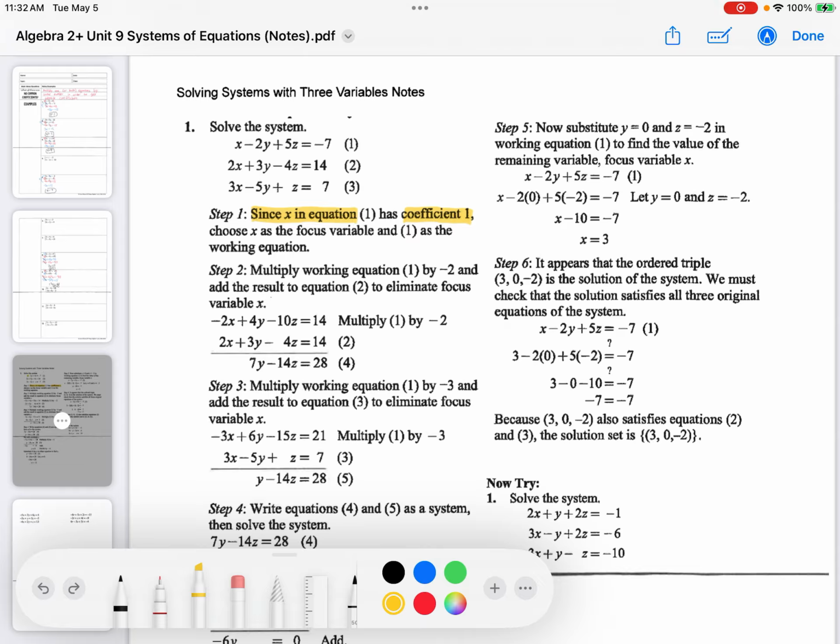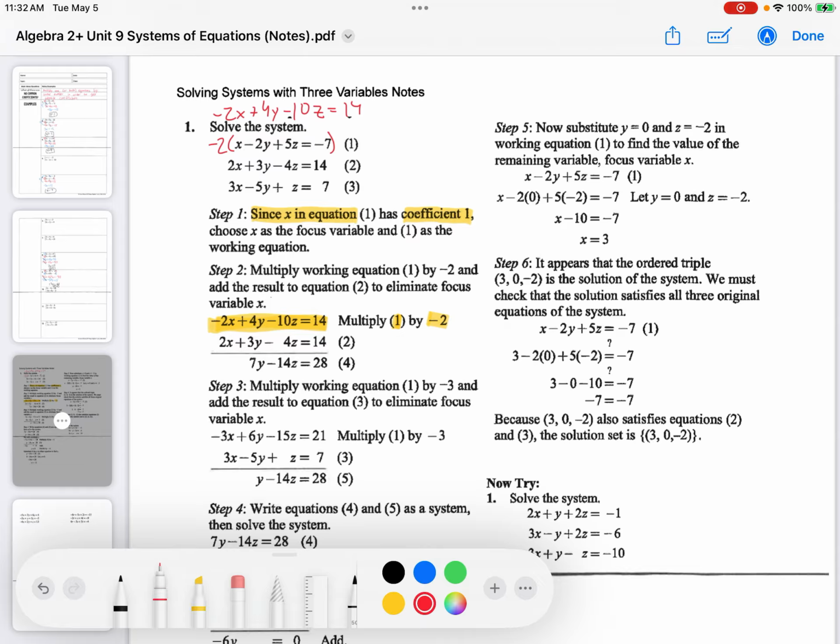And if I wanted to cancel that out with the 2x that we see here, I would need to multiply this equation by -2. So if I do that, we would get -2x plus 4y minus 10z equals a positive 14. And that's what they have right down here, when they multiplied equation 1 by -2.